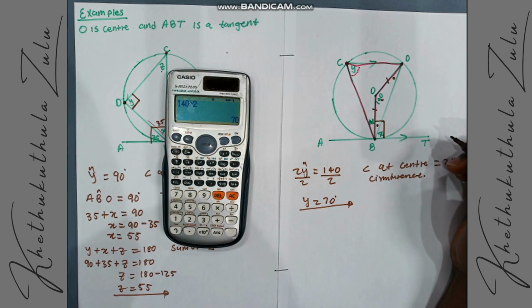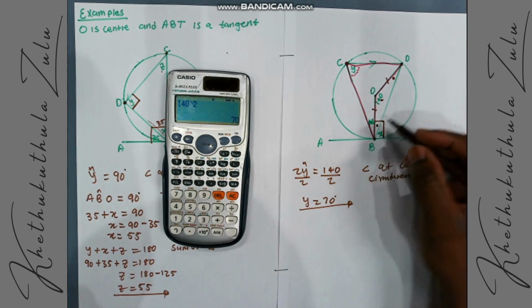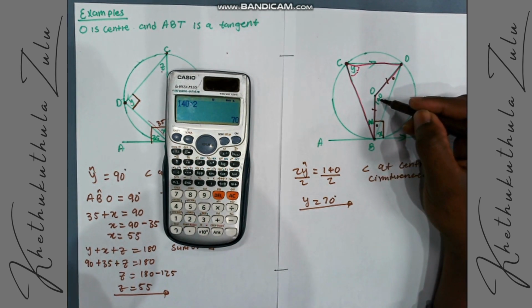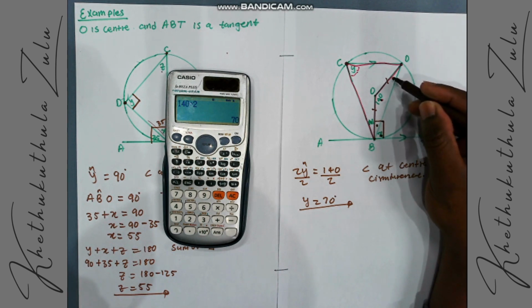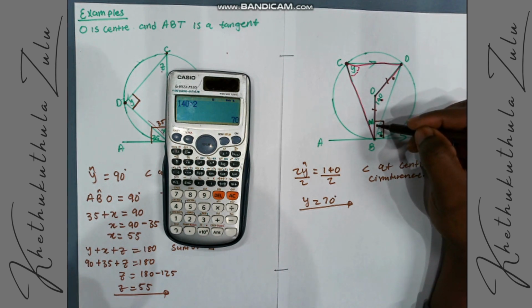And we have this, and then we need x. We don't have x, but we can find this one and this one, since this one and this one, they are the same. This one is equal to this one.